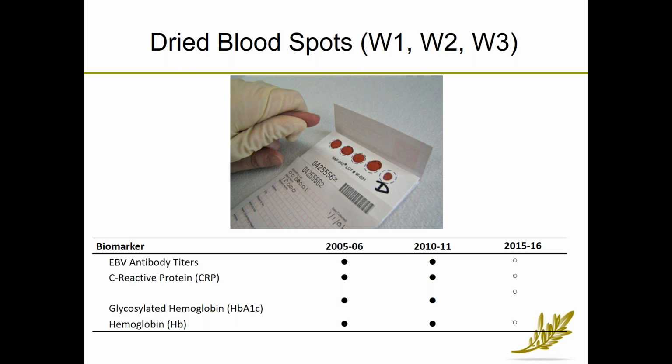And then we have our marker of diabetes, hemoglobin A1C, which is the proportion of hemoglobin molecules with glucose attached to it that reflects average blood sugar over the last 3 months.